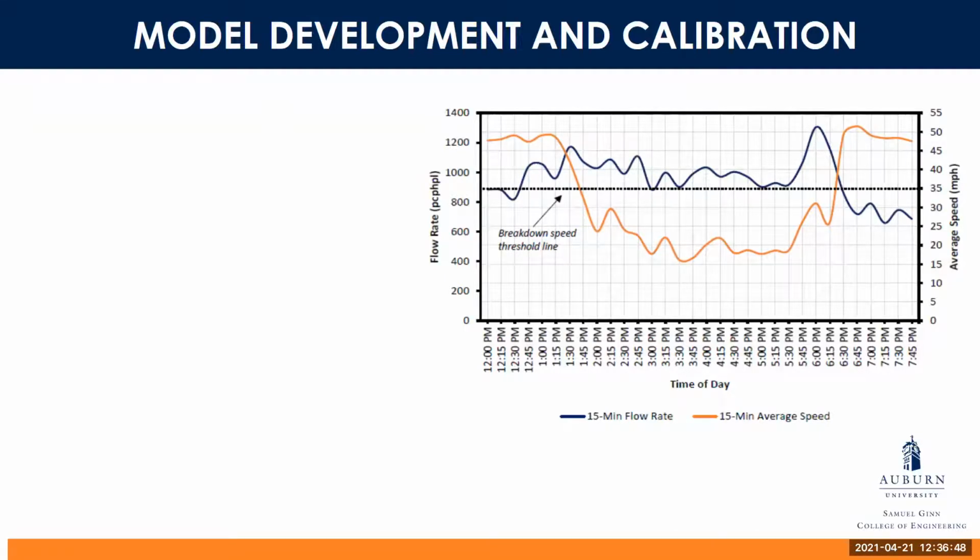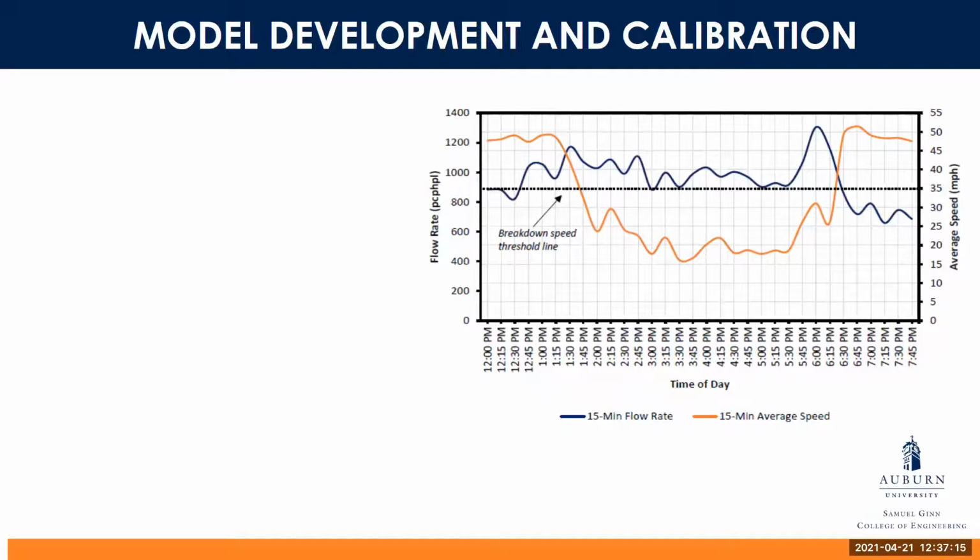In the orange, we have the moving average for 15-minute intervals of speed, so that we can see that at about 2 o'clock p.m., speeds really started to drop and fell below the threshold shown in the dashed line of 35 miles per hour. And then speed stayed suppressed below that line for about 4 hours before the upstream demand had decreased enough that the queue could be cleared.